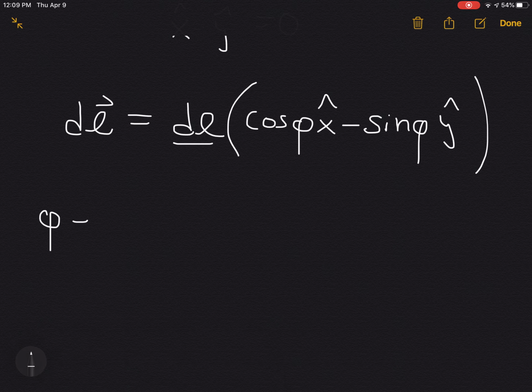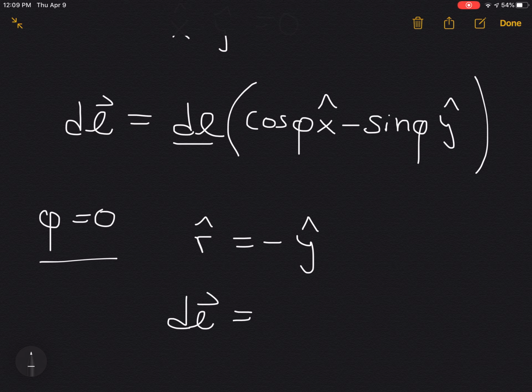At phi equals 0, r hat is equal to minus y hat, and the dl vector is equal to some infinitesimal length. And cosine of phi is 1, sine of phi is 0. So this is just dl in the x hat direction, which exactly corresponds to the picture that we had.